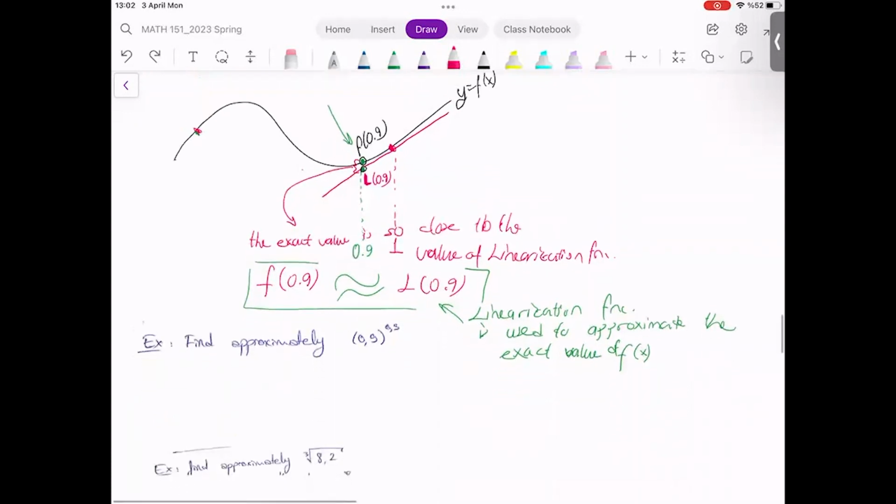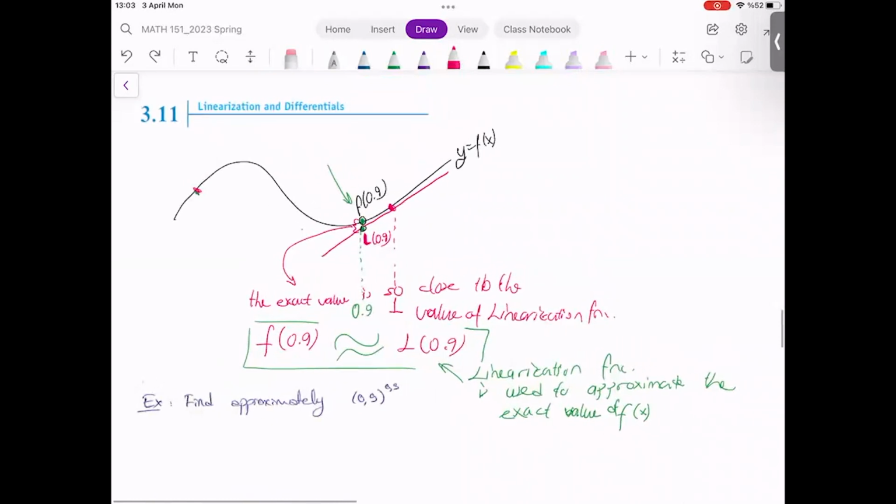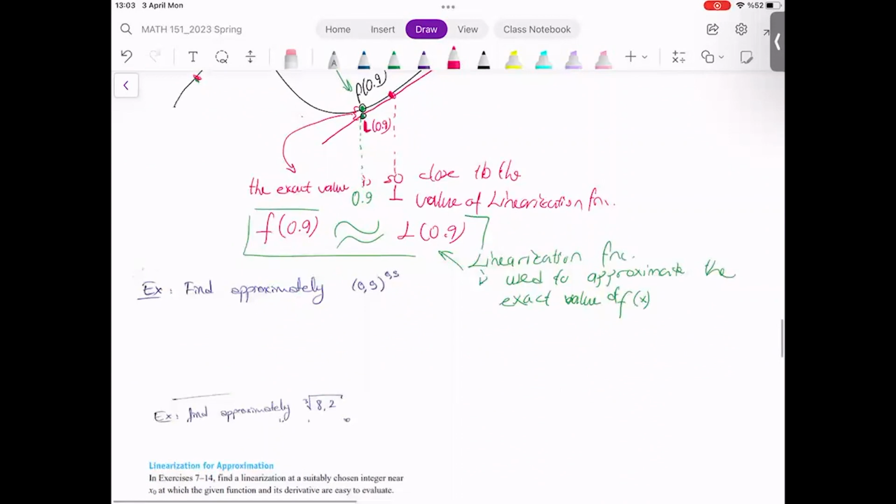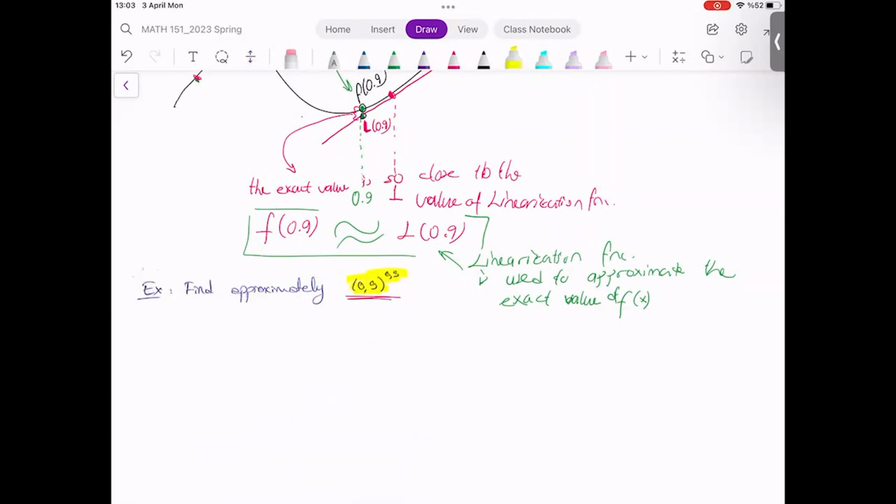Okay, after this useful recall, now we can deal with the next example. Look at the example. It says to find approximately the value of this thing. Normally, we cannot evaluate this value by hand. We strongly need a calculator to find some value of it.